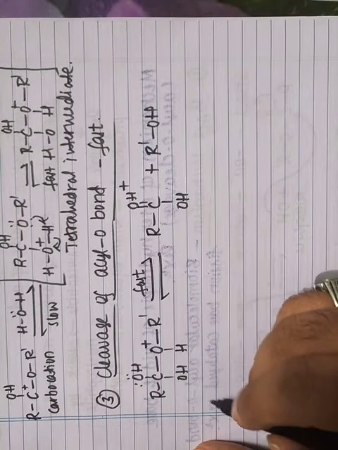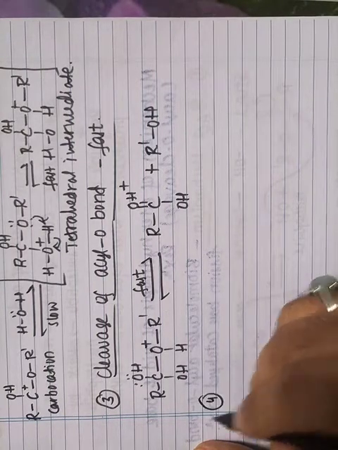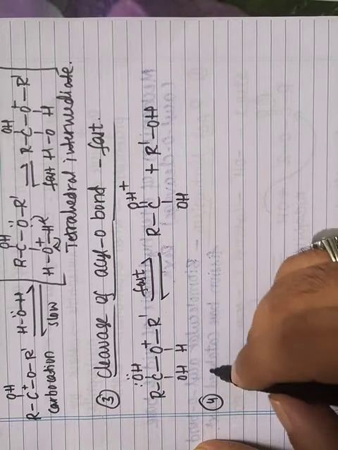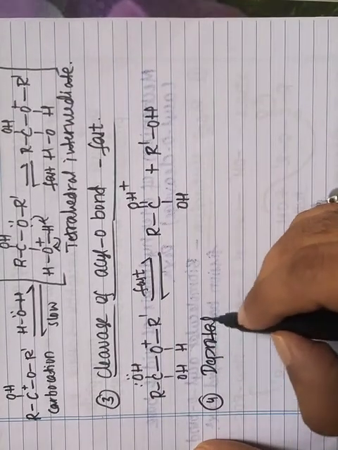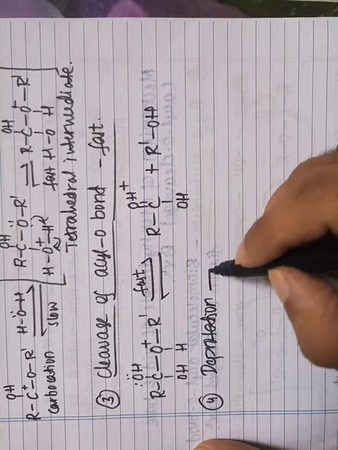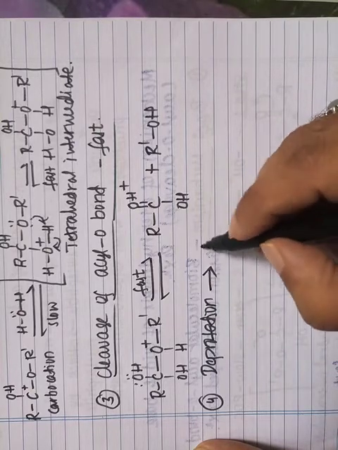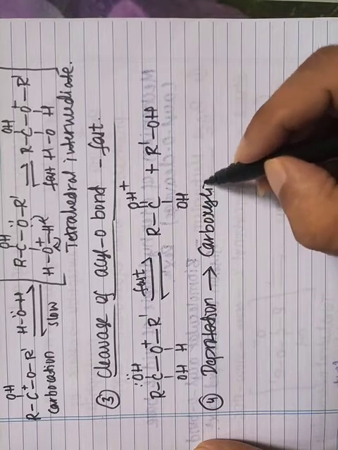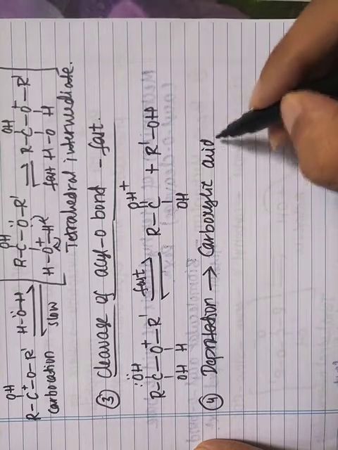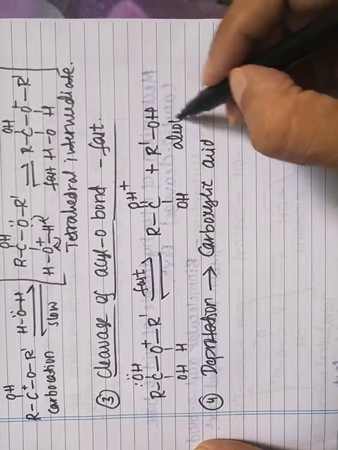Next, in step 4, what happens? Deprotonation takes place to form the carboxylic acid. The alcohol is formed here.